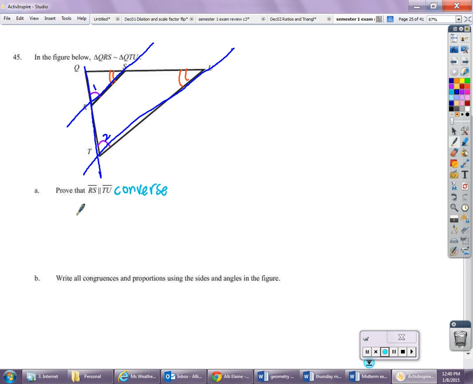All right, so let's do a quick proof. We were given that the triangles were similar. So then I knew angle 1 was congruent to angle 2 because they were similar.